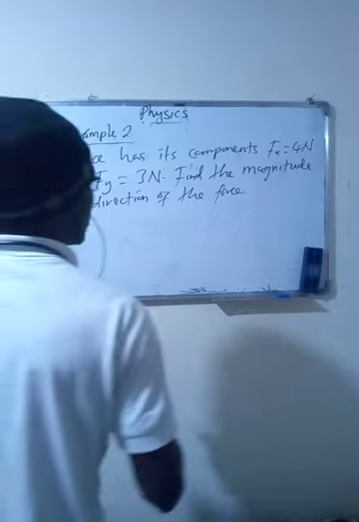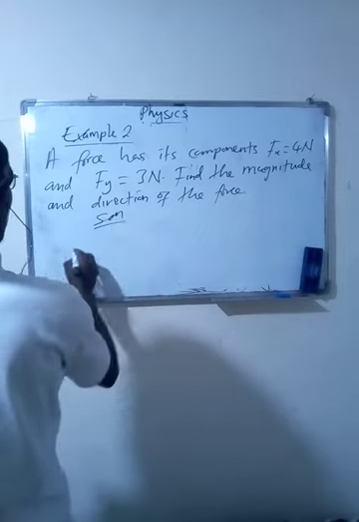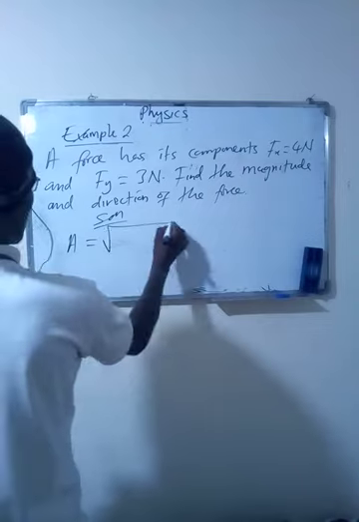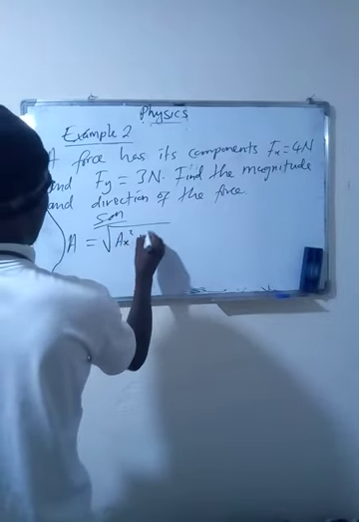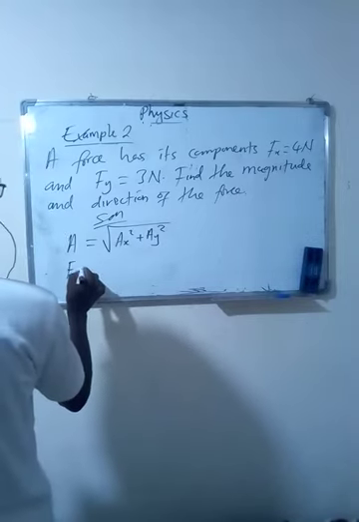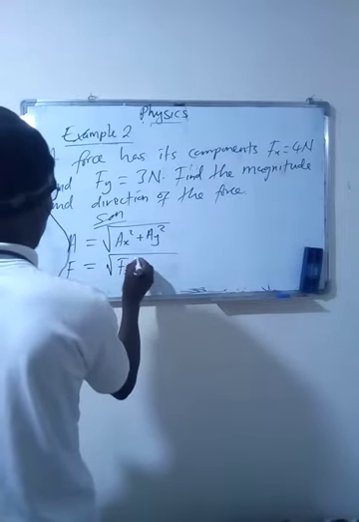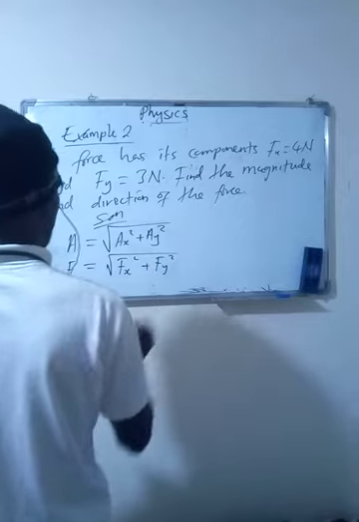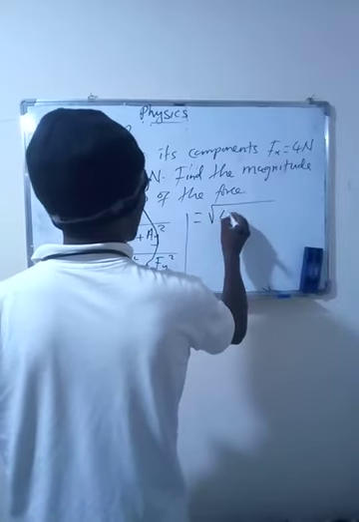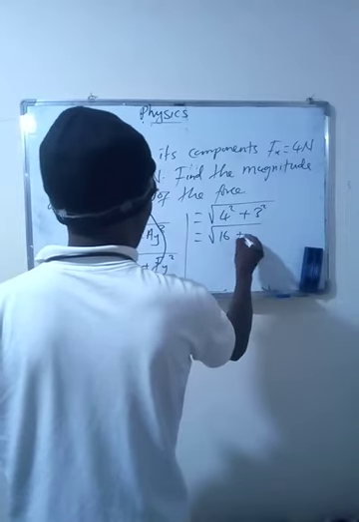So in this case, the magnitude of the force F is equal to the root of Fx squared plus Fy squared, which is the root of 4 squared plus 3 squared, which is 16 plus 9, which is the root of 25. And the root of 25 is simply 5 newtons. So that is how we get the magnitude of this force.